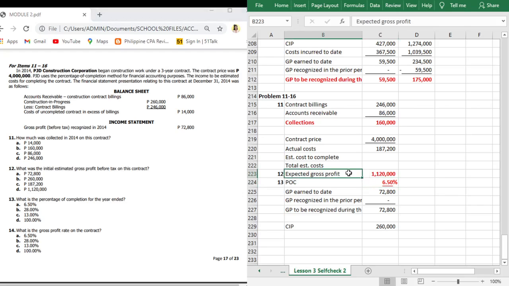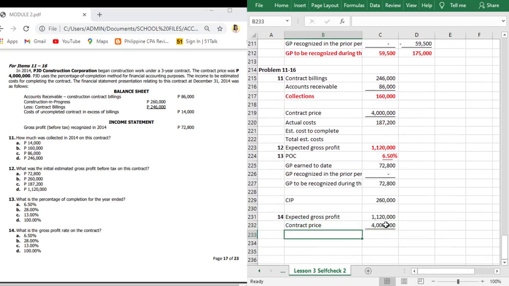So, that would be based on the expected gross profit and the ibangga siya sa contract price. So, if the expected gross profit is 1,120,000, the contract price is 4 million, pila ato ang gross profit rate. For number 14, expected gross profit divided by the contract price.